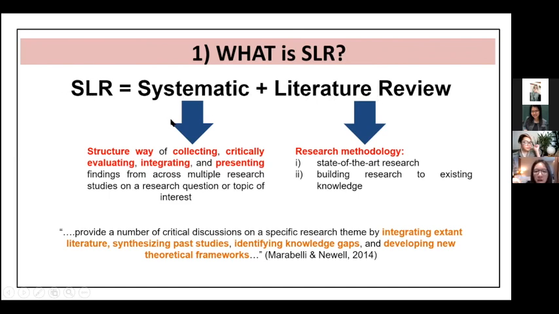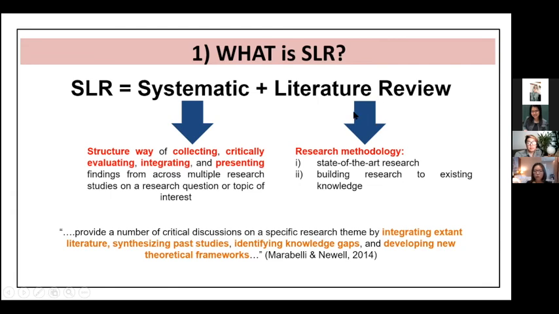When we talk about systematic, it means that we need to use a structured way to critically evaluate, integrate, and also present the findings. The findings here refer to the past research articles that are relevant to our research question or topic of interest. So this is the meaning of the first word, systematic.